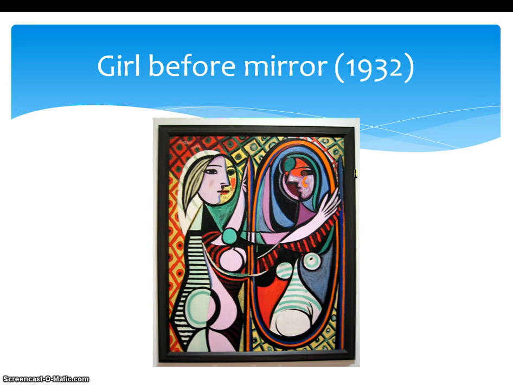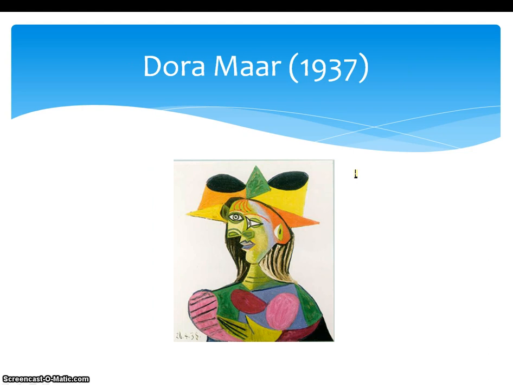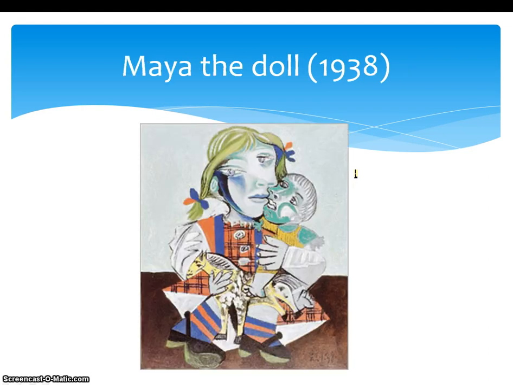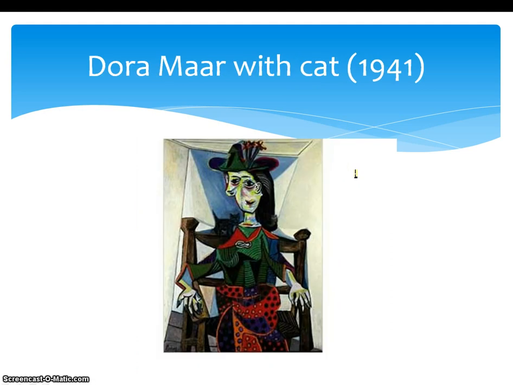This is towards the later part, past his blue period and his rose period. You can see that he is still using cubism, but with brighter colors, more colors, maybe even a little bit more abstract, especially in this one. A little bit different from his beginning works.